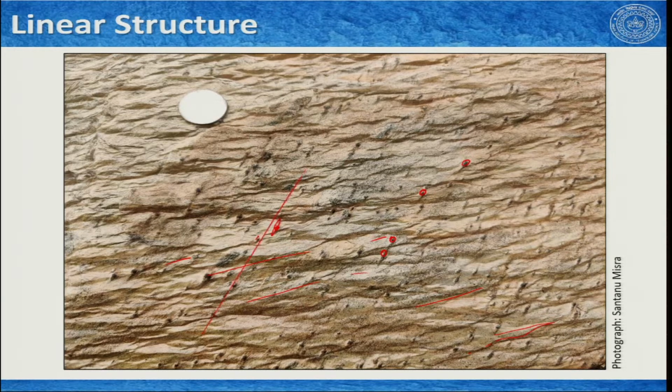So, we have a lineation along this direction, some linear features, and these are crenulations. So, crenulation axes are these. So, in a single exposure we see two sets of lineations. One set is crenulation axis and another set is pressure shadow lineation.